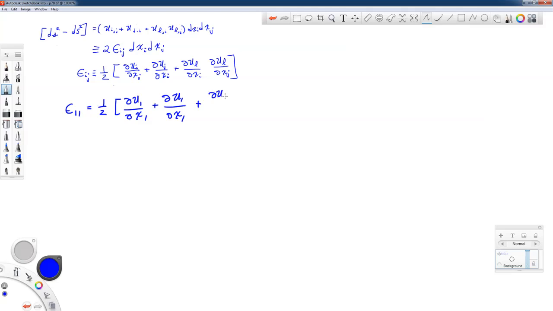We get the partial of u1 with respect to x1 times the partial of u1 with respect to x1. The i and the j are both 1, but we're going to increment this index. So now we're going to have plus partial of u2 with respect to x1, partial of u2 with respect to x1.